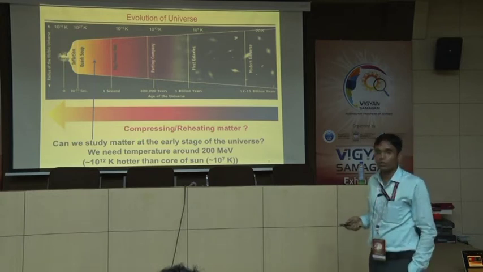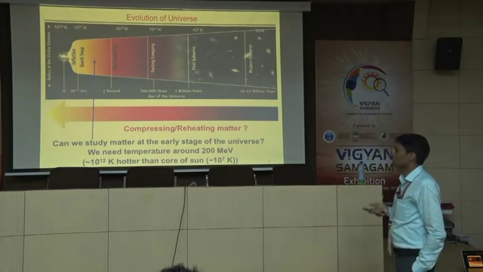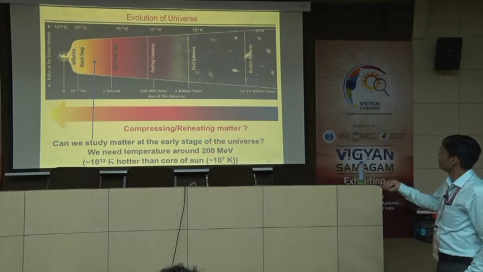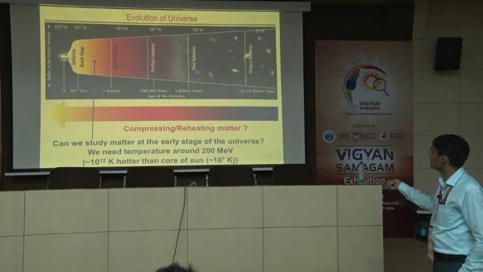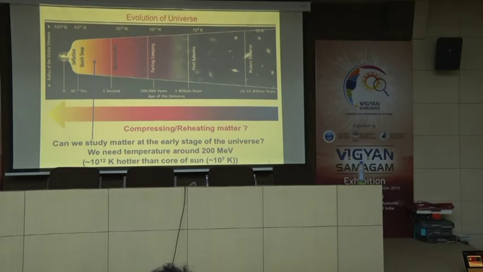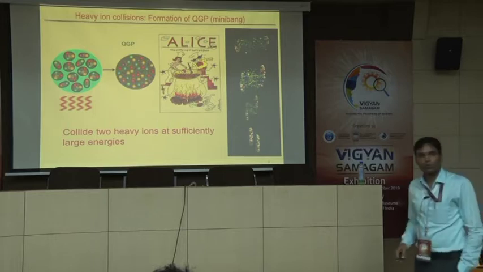How much temperature is required? It is about 200 MeV, which is equivalent to 10 to the power 12 Kelvin, hotter than the core of the sun. The core of the sun is 10 to the power 7. If you can manage to do that, then you should be able to study the state of matter known as quark-gluon plasma.